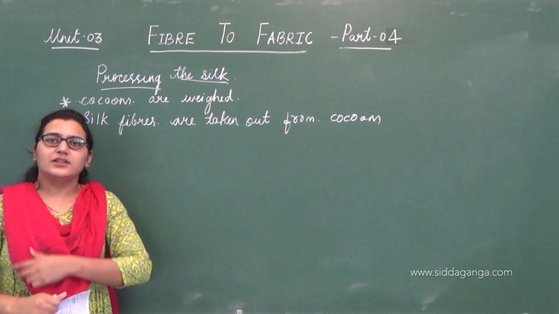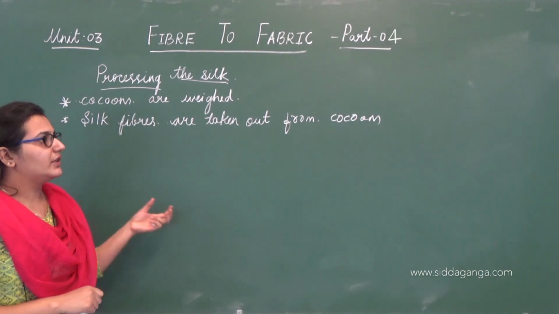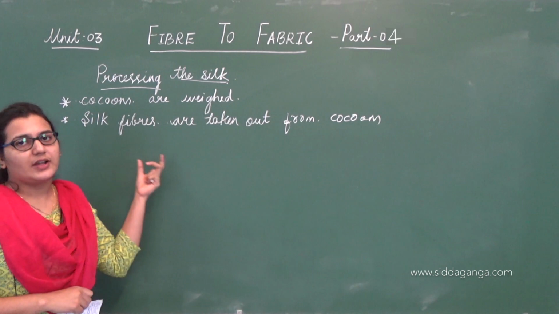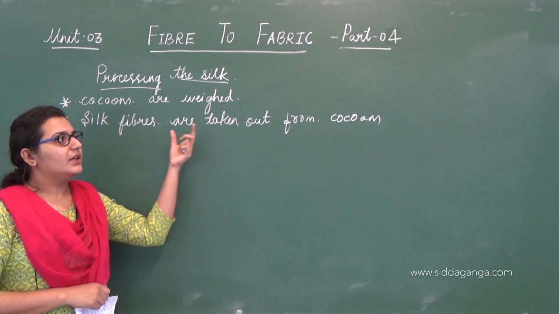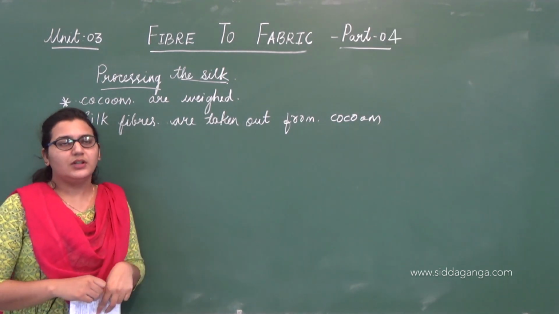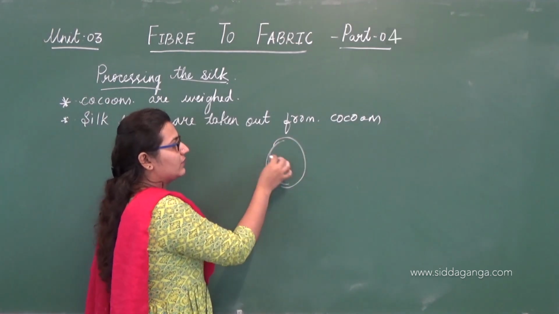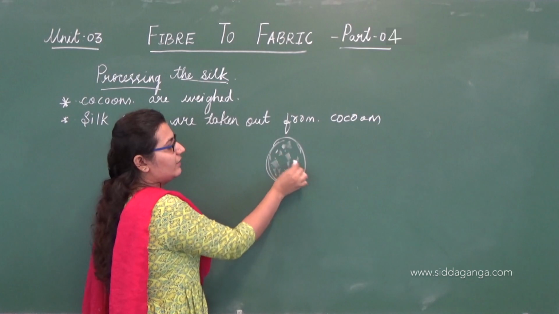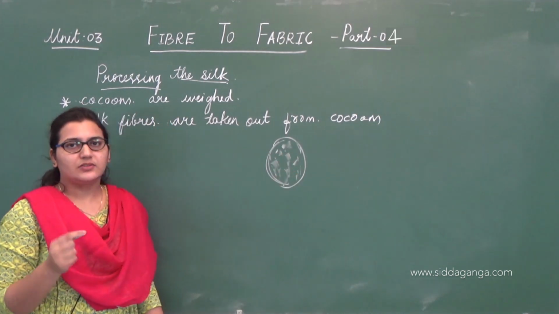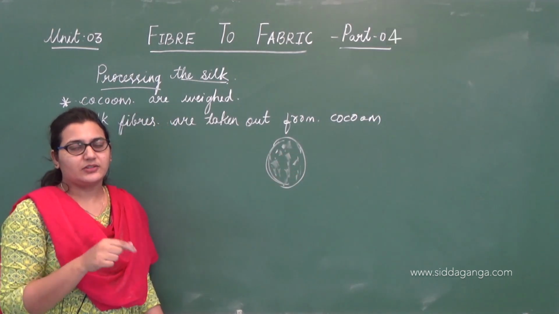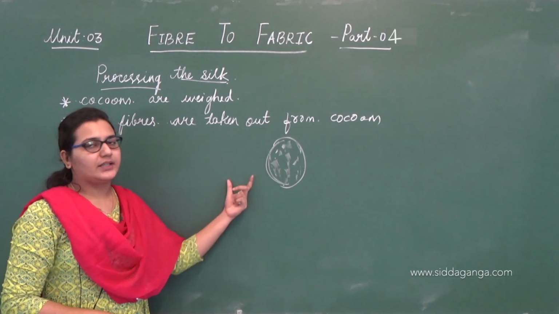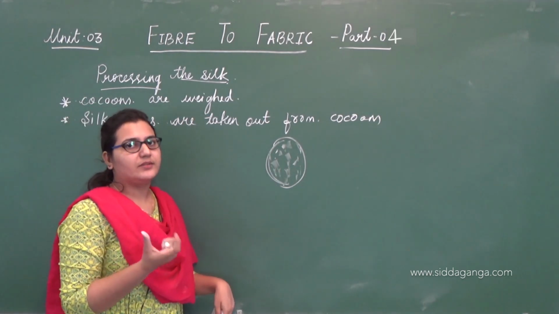They are weighed, they are sorted out depending on their weight, and then these silk fibers are taken out from the cocoon. What was the cocoon structure? Oval shaped, right? The surface will have a silk thread. There are shiny silk threads present on them that have to be taken out, and that is the fiber we get.